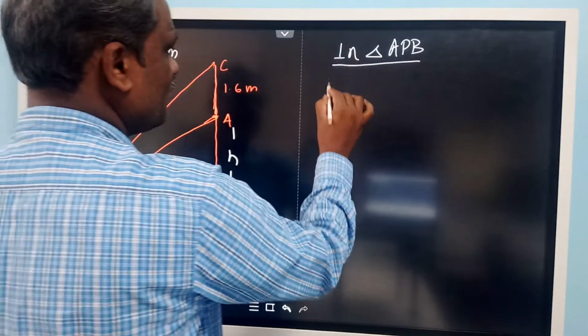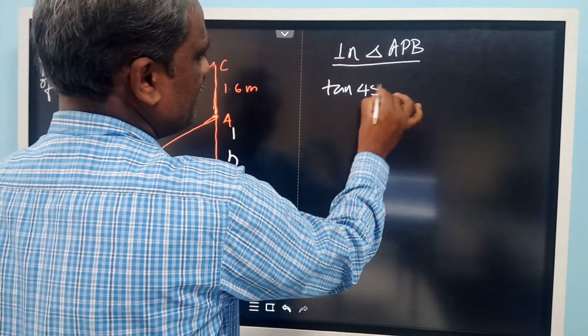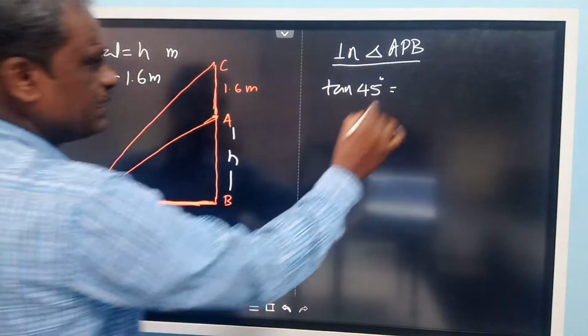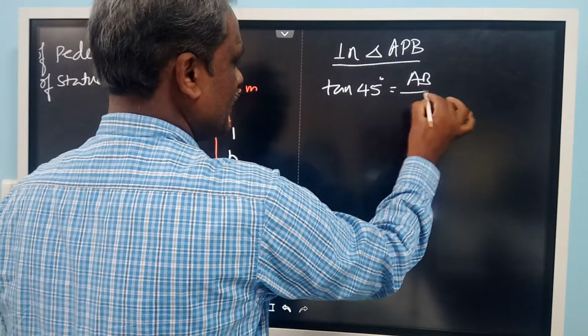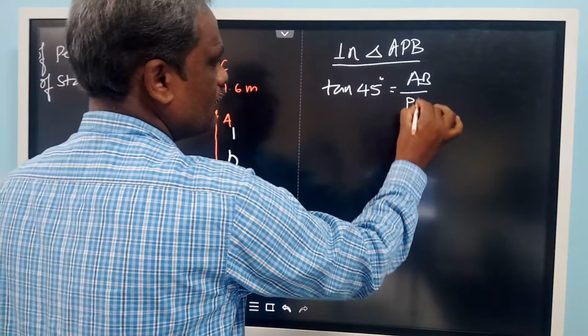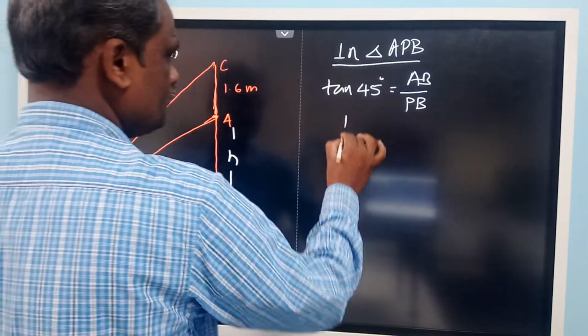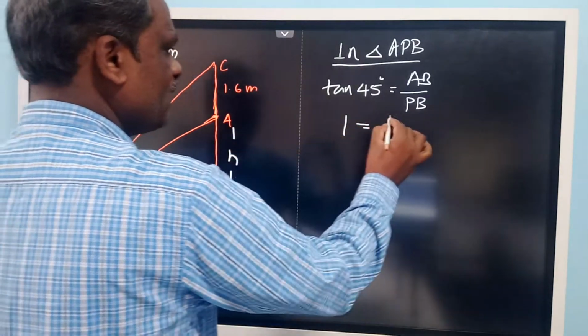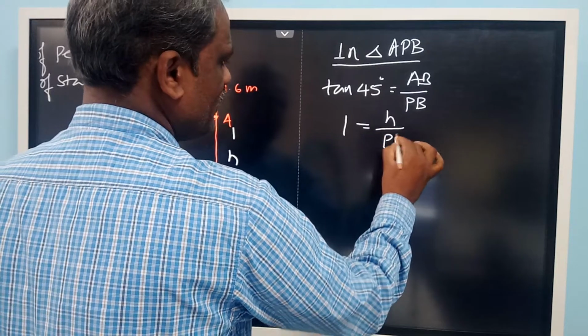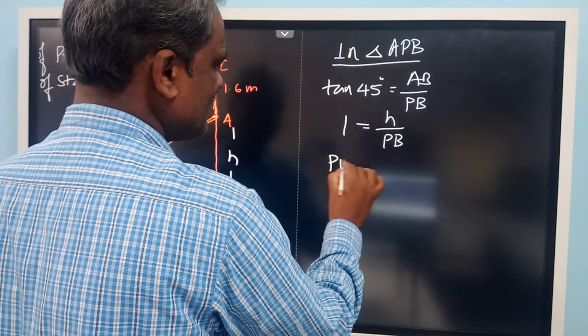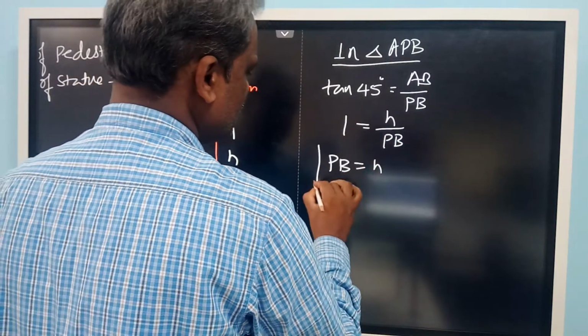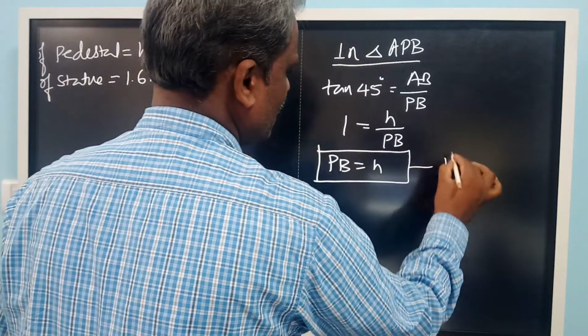Tan 45 degree is opposite side AB over adjacent side PB. So tan 45, it is 1 is equal to H by PB. Transfer this, PB is equal to H. This you can call equation 1.